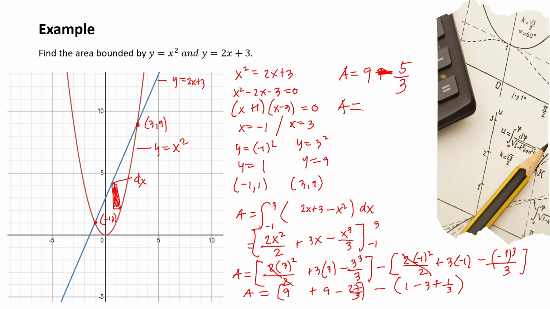So area is equal to 9 minus 5 over 3. Is that correct?